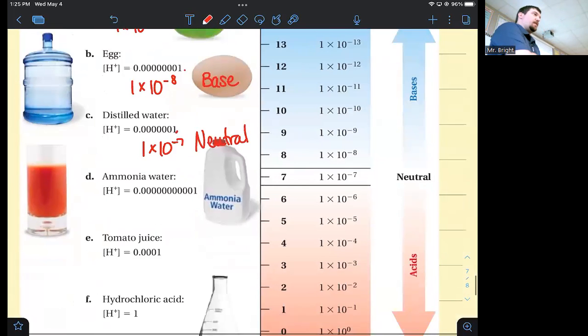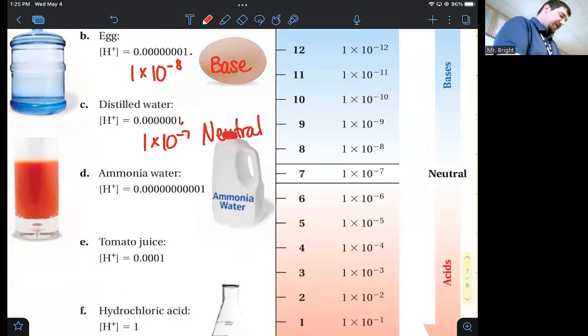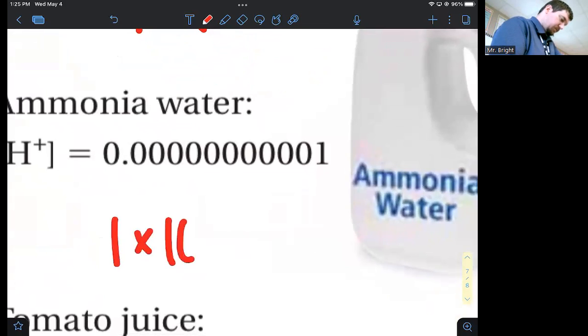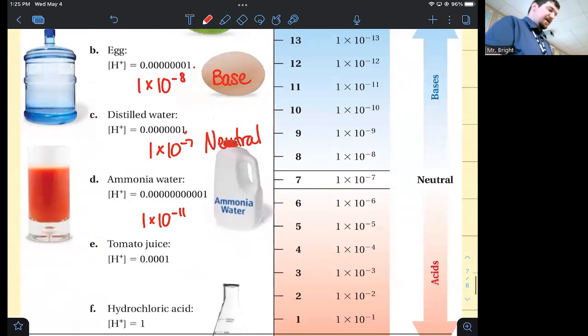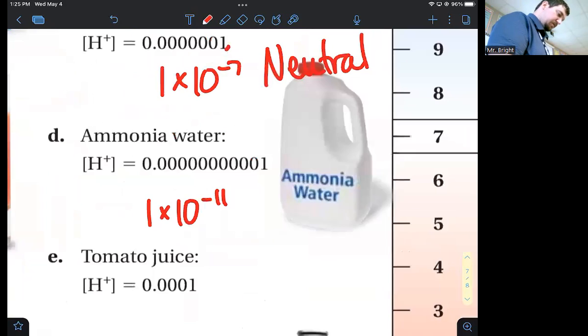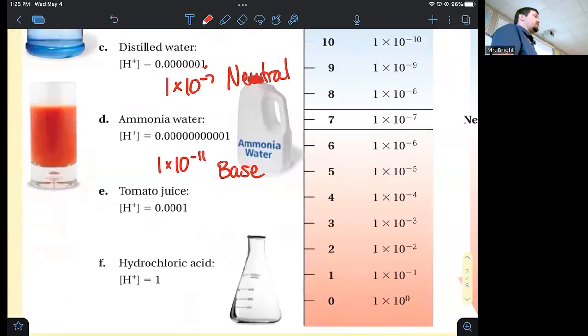Then you've got ammonia water. Jace, how do you write that number in scientific notation? That's what I got. Nice job. To the power of negative 11. And Jace, does that make that a base or an acid? Yeah, definitely a base up there in the blue section. Tomato juice.